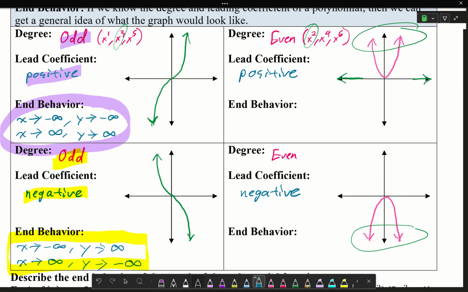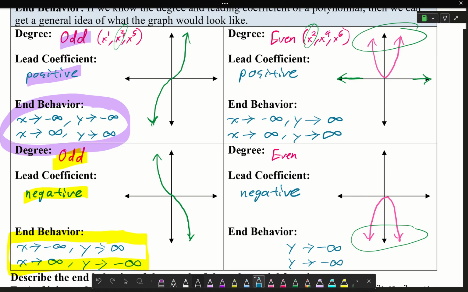So for our end behavior, as x is approaching negative infinity and positive infinity, our y's are going to be doing the exact same thing. Both of them are heading in the same direction towards positive infinity on this one. And the end behavior down here, both of these are going to be heading towards negative infinity because you can see it going downwards.